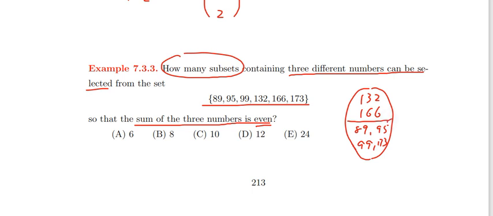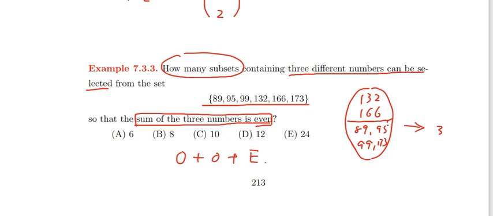Okay, so pick 3. The question is how many ways the sum of the 3 numbers is even. If we have 2 evens plus 1 odd, the sum is odd. So the only case is odd plus odd plus even.